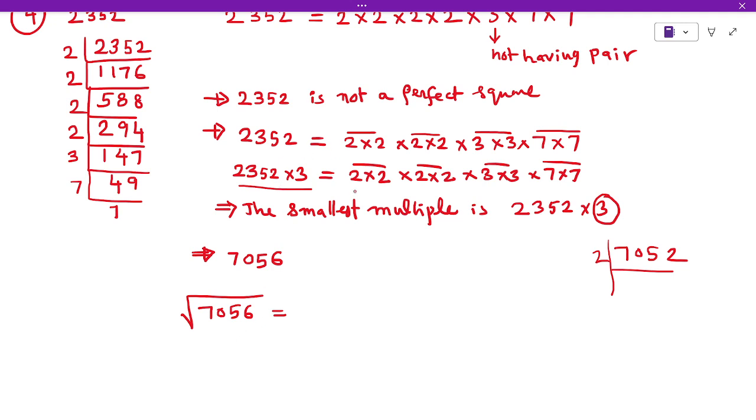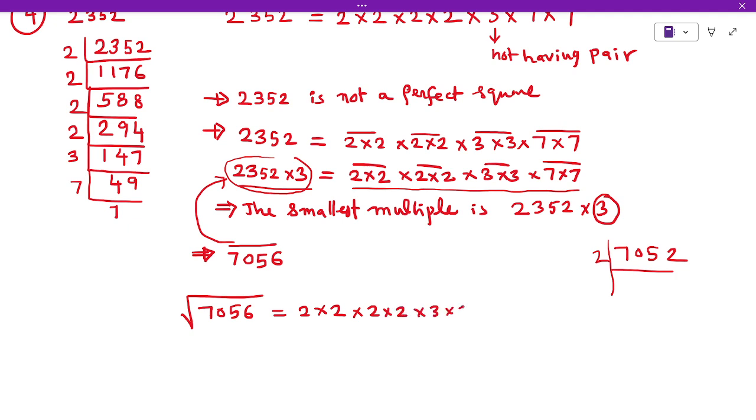So look at this step. How did you get this number 7056? You got it from this number, and the left hand side is equal to the right hand side. So on the right hand side you have 2 into 2, 2 into 2, 3 into 3, 7 into 7.